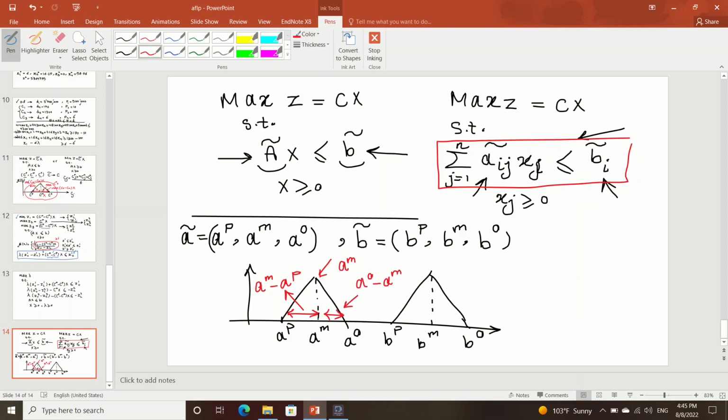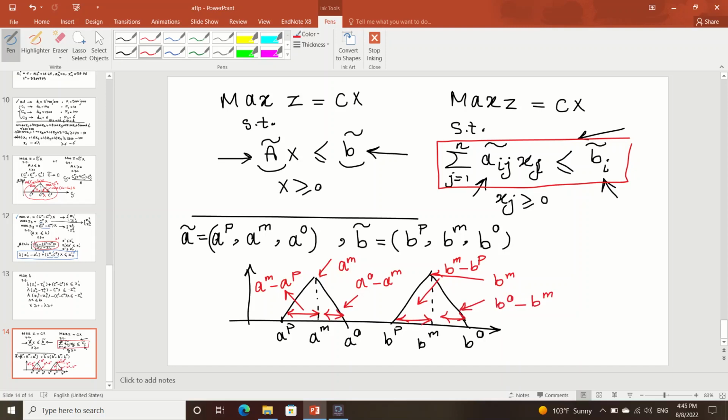Then for the right hand side number, you can also consider this situation. For example, the left part of the triangular fuzzy number is written like this: BM minus BP, and BM, and the other part, the right of the triangular fuzzy number, equals BO minus BM.